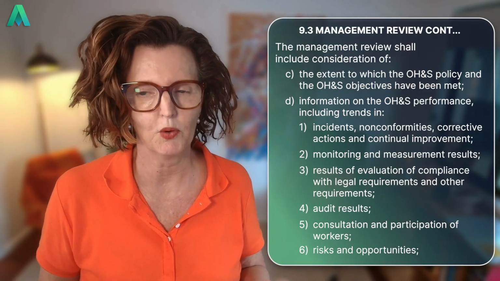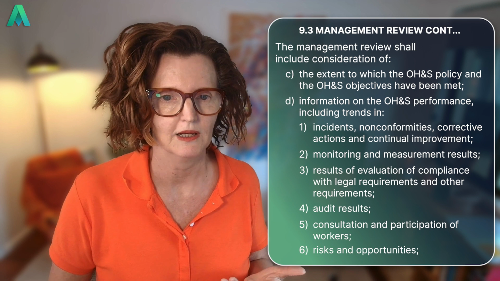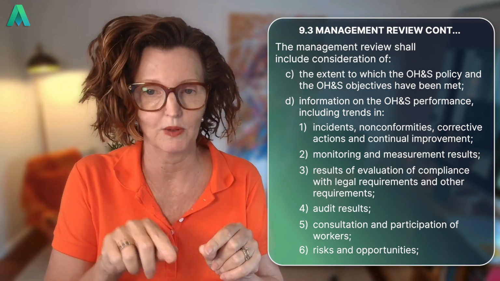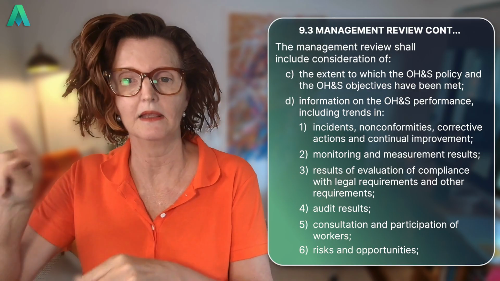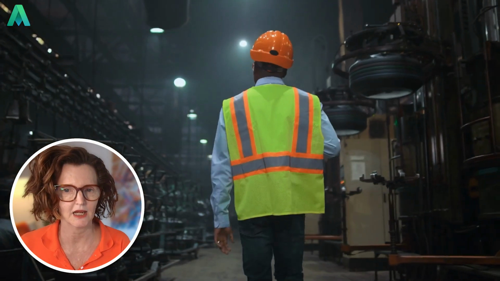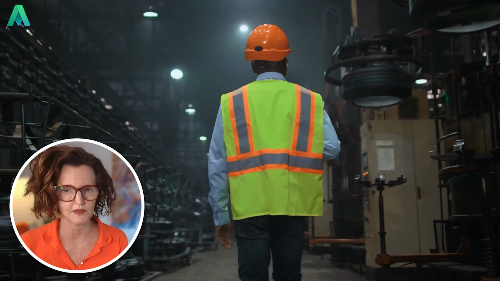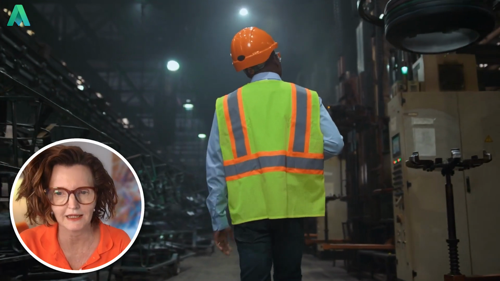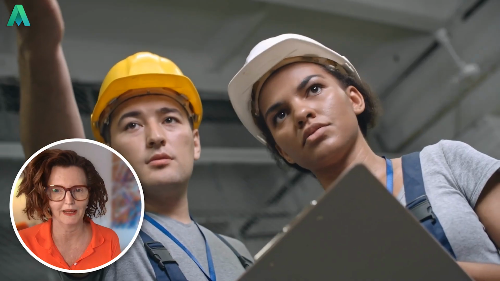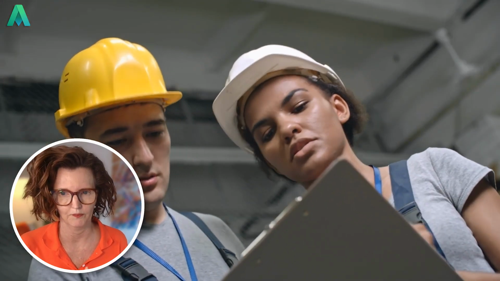So this point in management review is just asking you to determine the extent to which the policy and the objectives have been met. So it's like, are we meeting the intent of our overarching policy? Are we meeting our OH&S objectives? So that's why when we talk about OH&S objectives, we talk about them being measurable, okay?